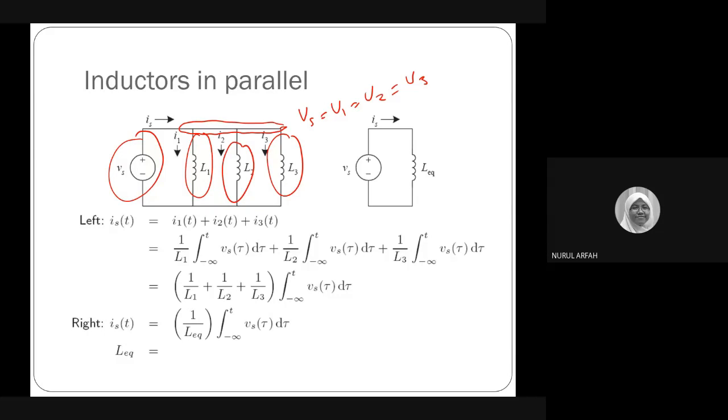So you know that the current is equal to the integration of 1 over L first, the constant, and then the Vs, and then the dt.